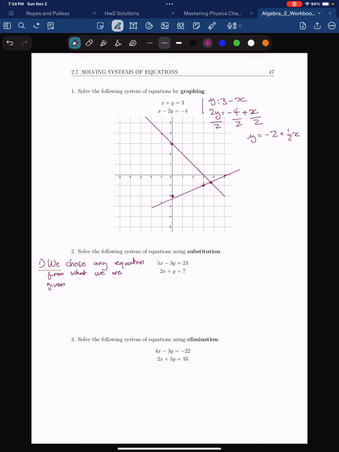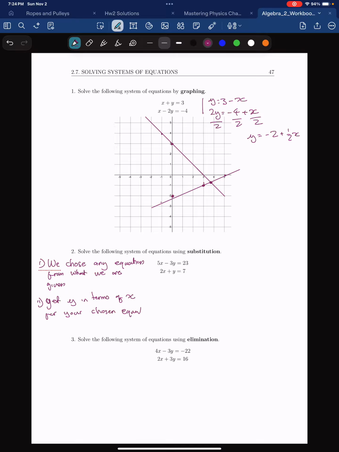Step two, get y in terms of x for your chosen equation.